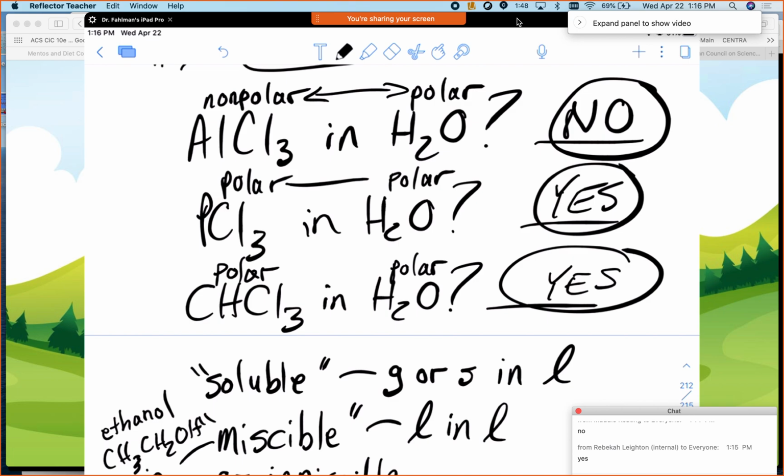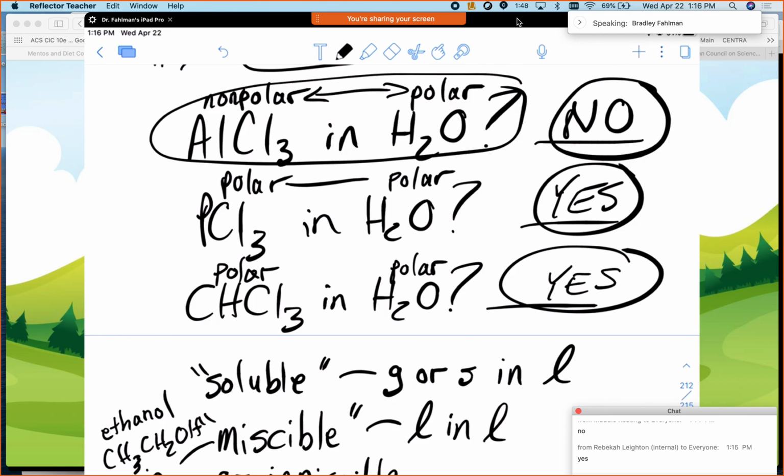Related to this concept, that really is all I could ask on the final exam: just give you two different things and ask if they're soluble with one another. For that, I'm really asking you to determine the polarities of both and see if they match. If they don't, then nope, they're not soluble, like in this case.